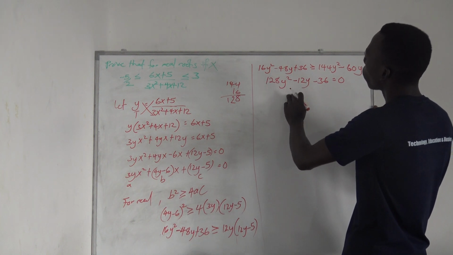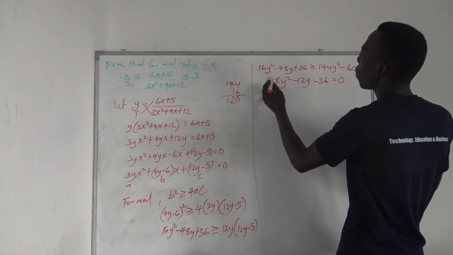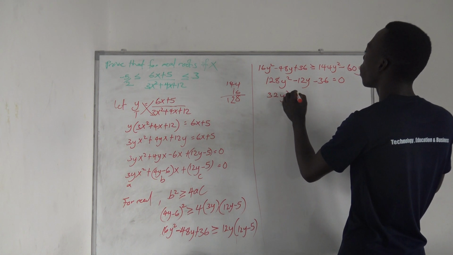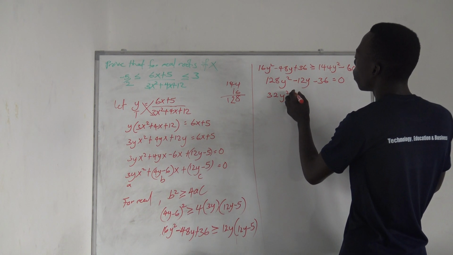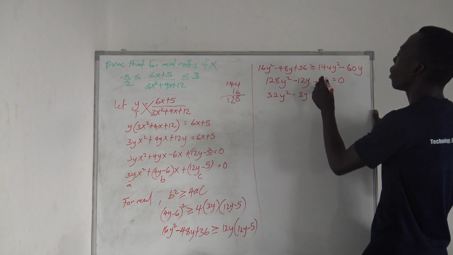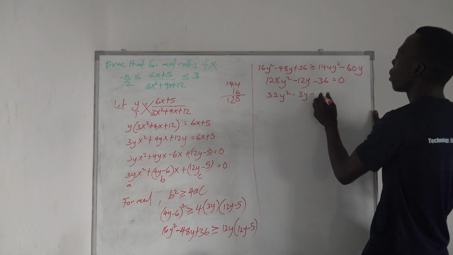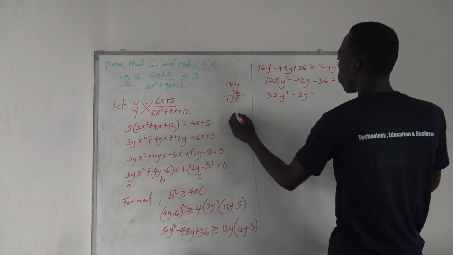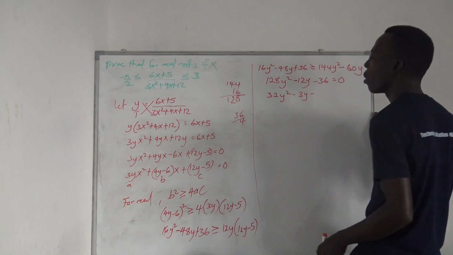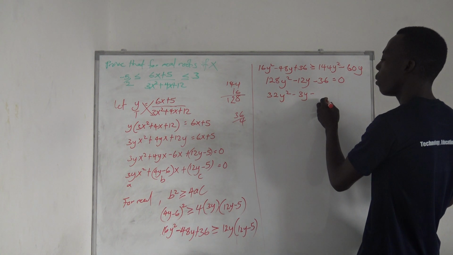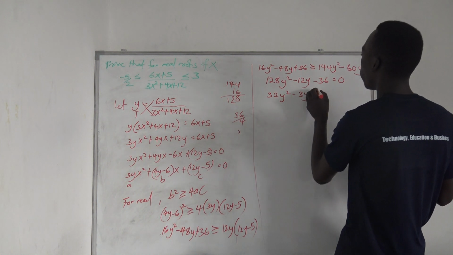So when we divide by 4, it becomes 32y squared, this one becomes minus 3y, and this one becomes minus 36 by 4, which is minus 9.